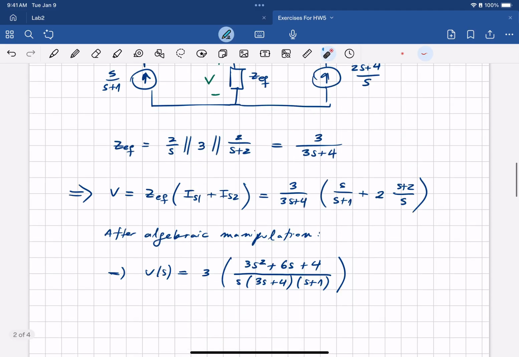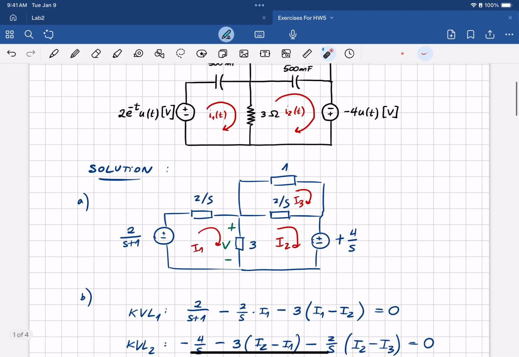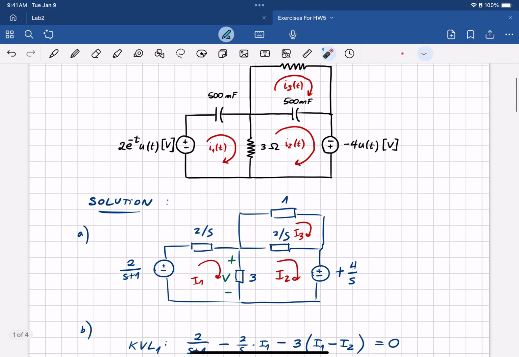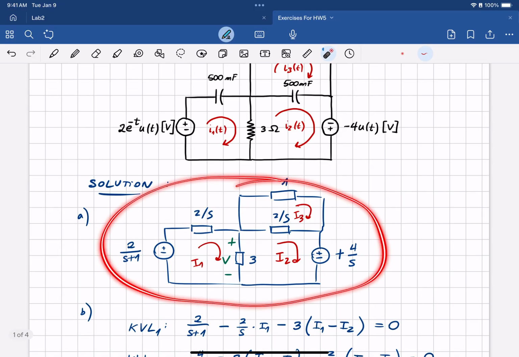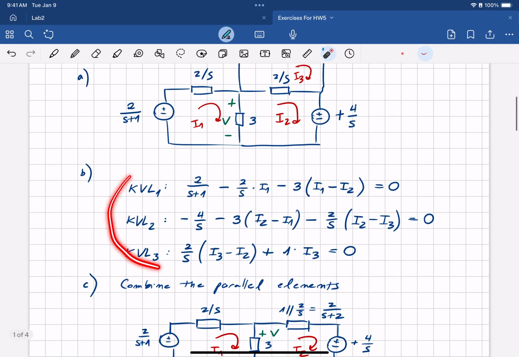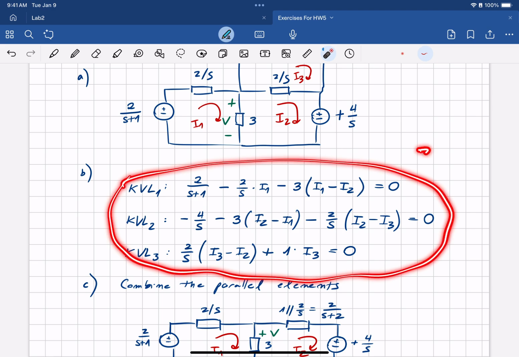So, quick recap: you always want to move your circuit into the Laplace domain. You can define the equations. This is a square set of equations, three unknowns. We can definitely solve it.